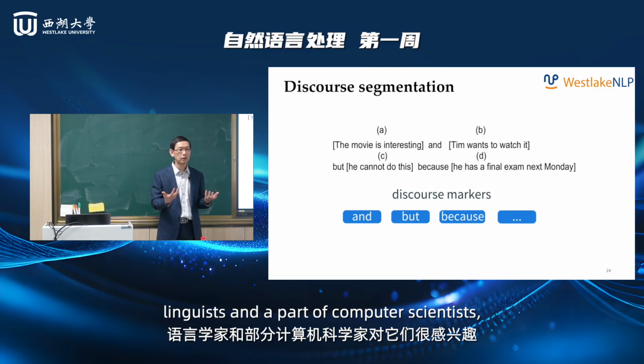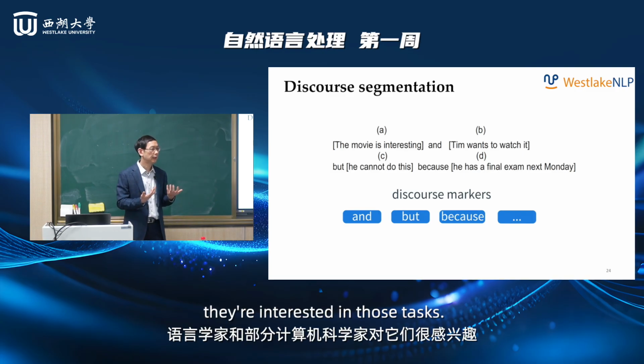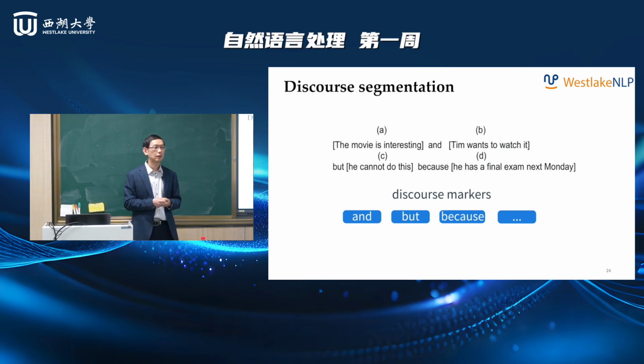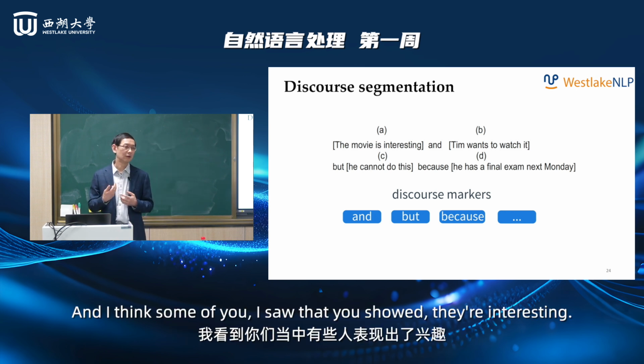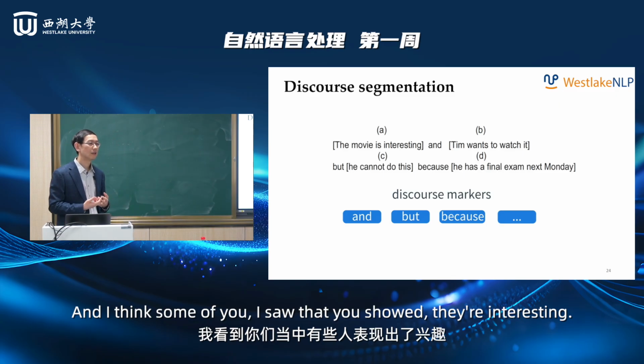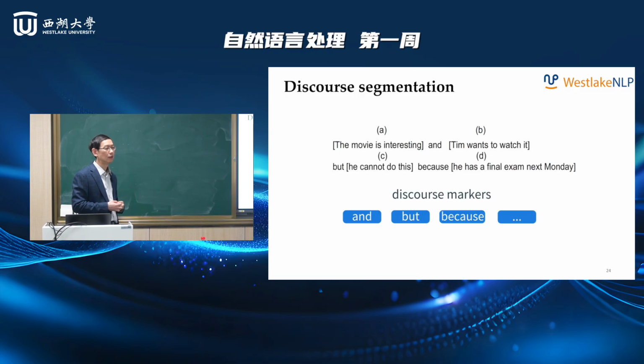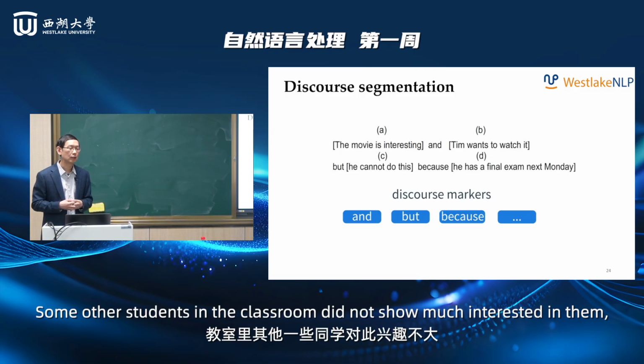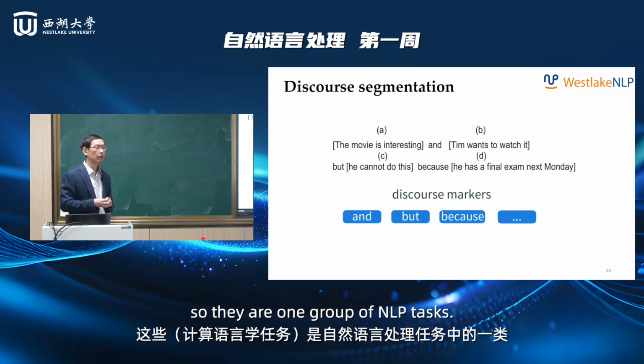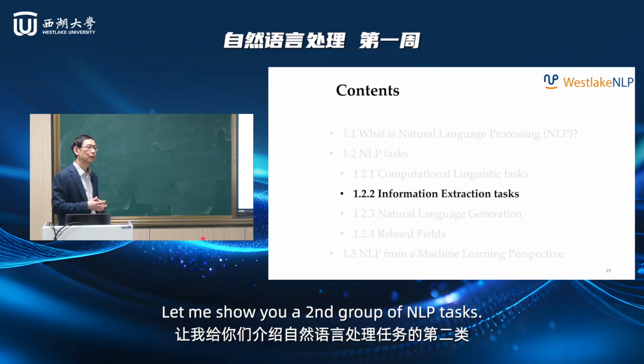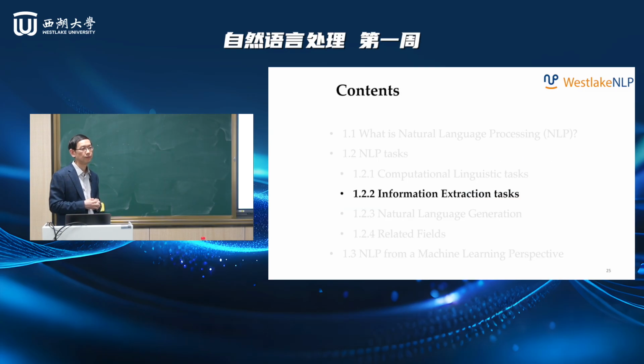Linguists and a part of computer scientists are interested in those tasks. And I saw that some of you showed they're interesting. Some other students in the classroom did not show much interest in them. So they are one group of NLP tasks. Let me show you a second group of NLP tasks.